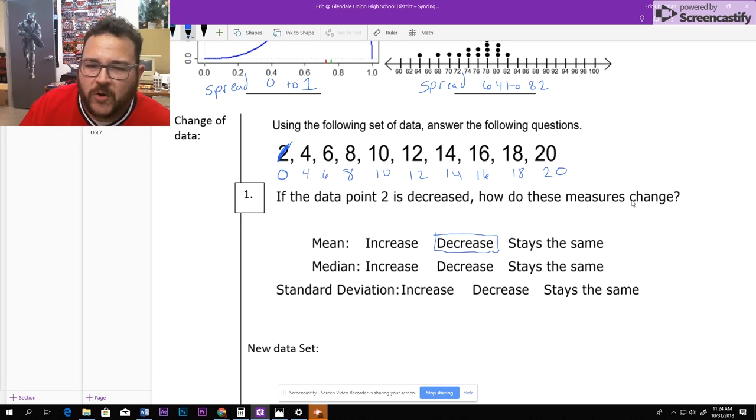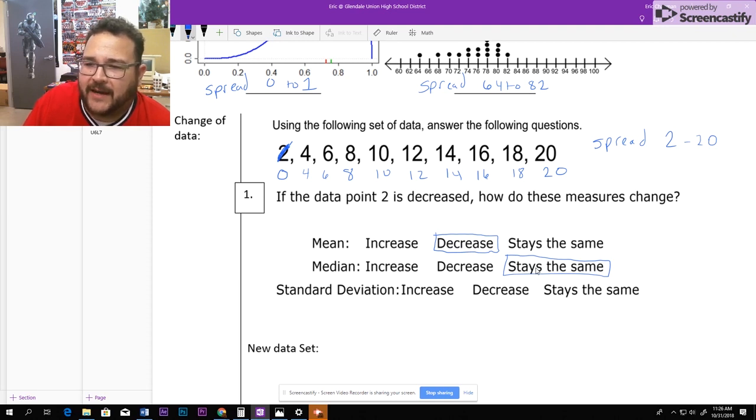Our median, we're not adding or removing any numbers. We're just changing one number, so our median is going to stay the same. Okay, so unless you change the amount of numbers in your set, the median is going to stay the same. When you change a value, your mean can either increase or decrease depending upon what that value is changed to. So now let's talk about the standard deviation and how that's going to change. So before, our spread was 2 to 20.